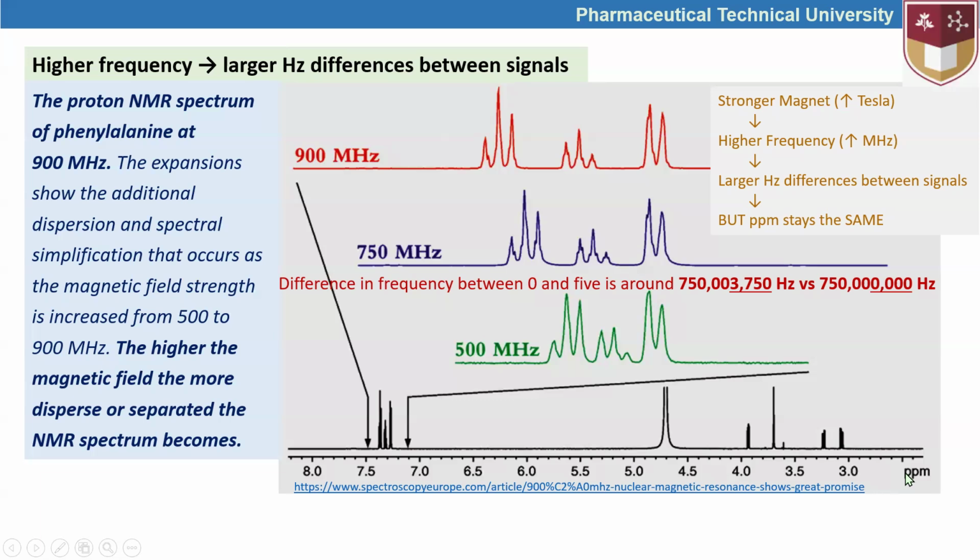Okay, the 0 point means the signal that belongs to the reference compound tetramethylsilane, and in that case, for tetramethylsilane, the resonance is observed at 750 million hertz.